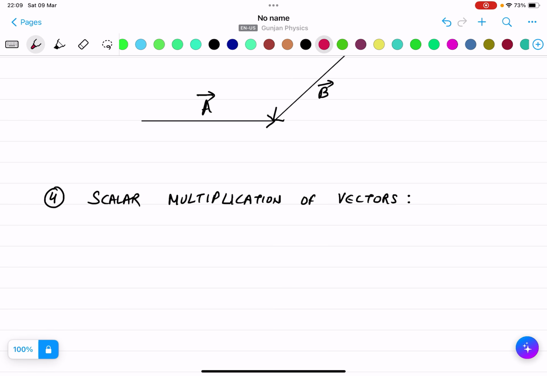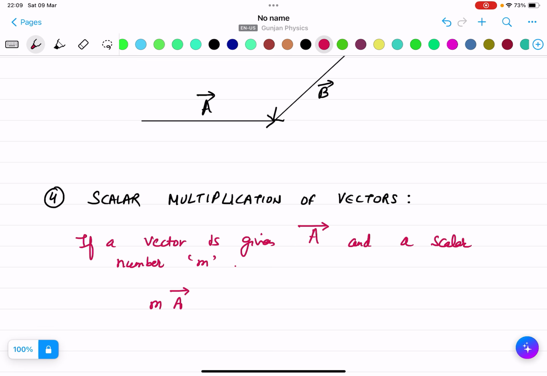If a vector is given, like this, and a scalar number is given like m, we can denote it with anything, m, x, y, z, anything, then m a vector is a vector which is scaled by the number m, but whose direction remains the same as a vector, right? So this is the scalar multiplication of the vectors.